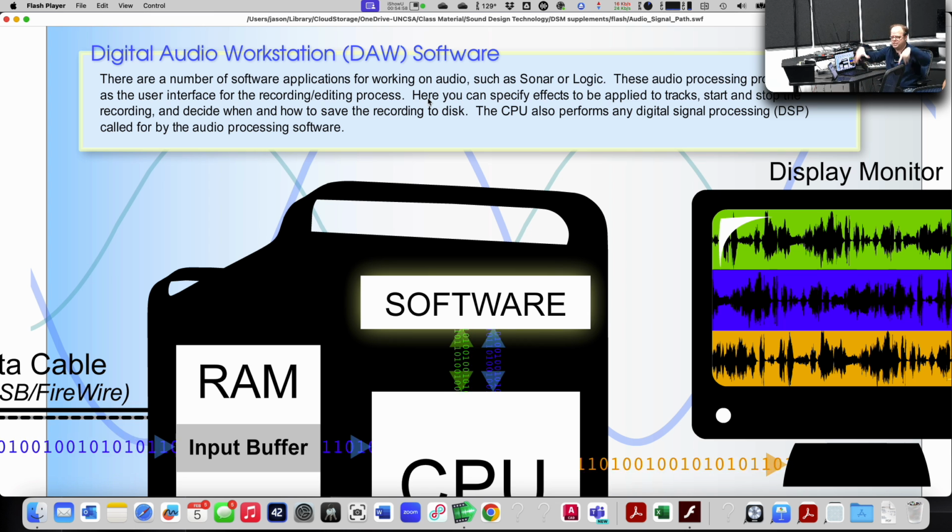It's just telling the CPU what to do, and it knows what to tell the CPU based on what you tell the software. The software knows how to translate what you said into something the CPU understands. The CPU then performs that command and then moves on to the next thing it needs to do. So the software is telling the CPU how to do that.